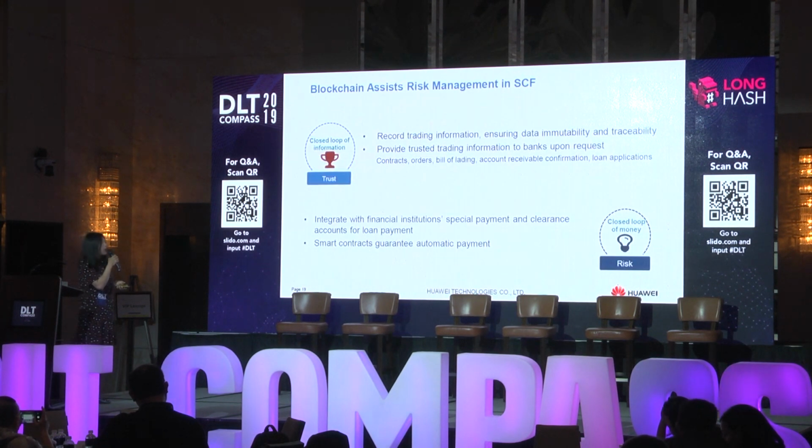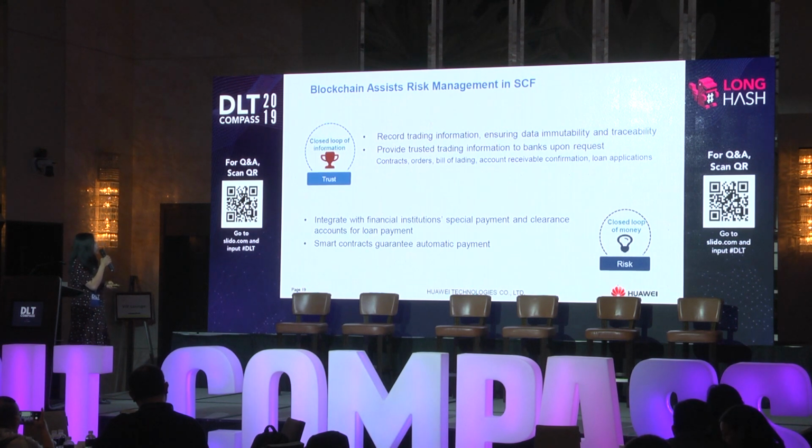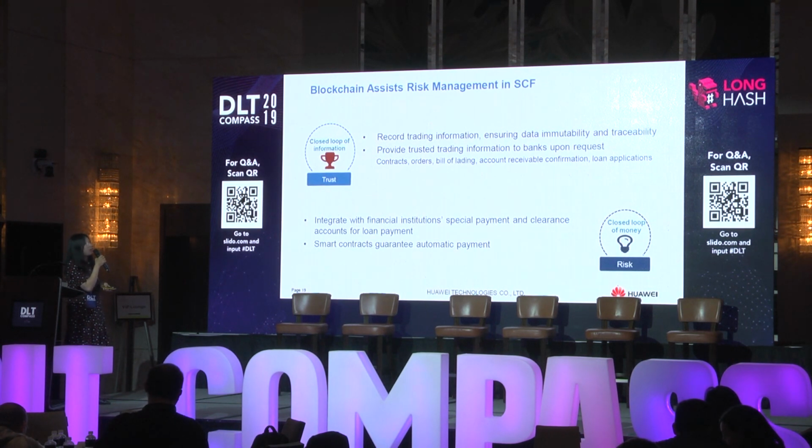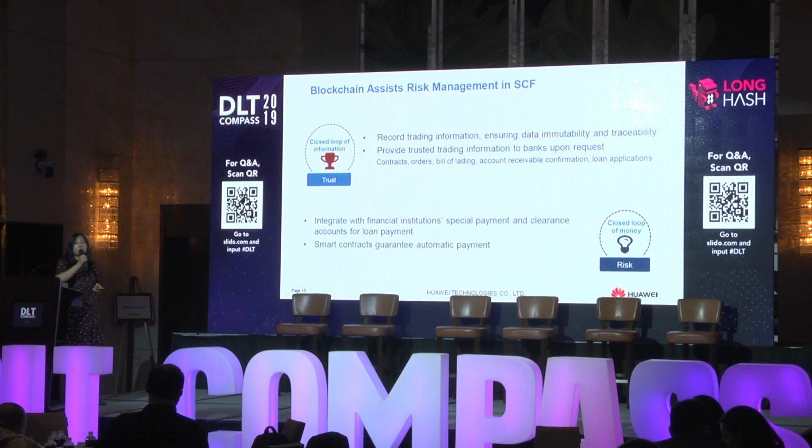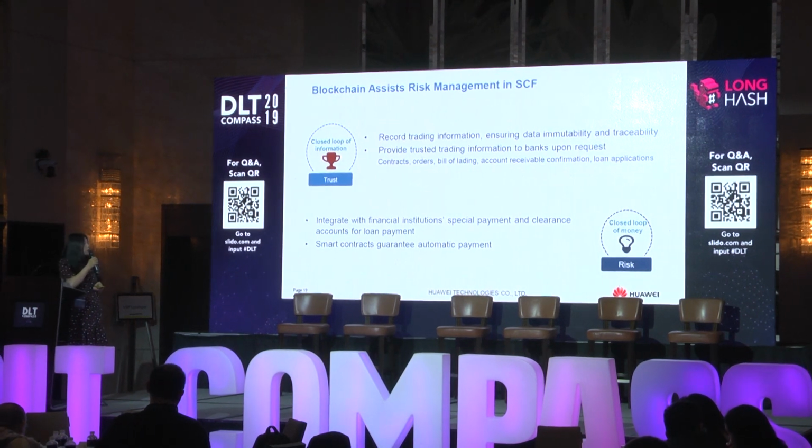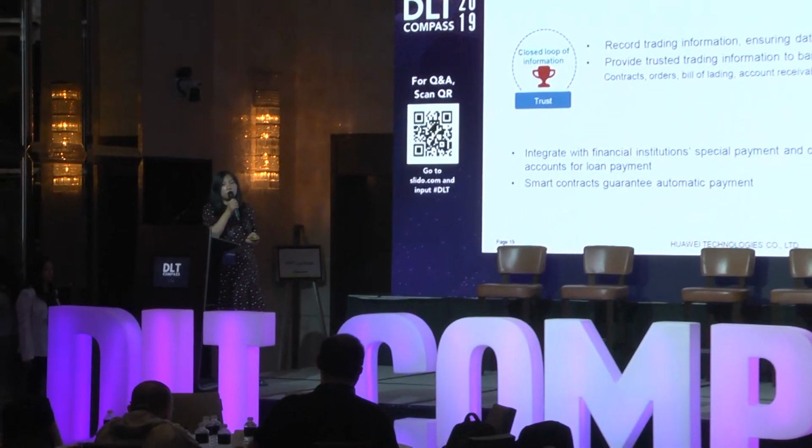So this is the last page. By this way, we can improve trust and reduce the risk. We record the trading information, bill information, and delivery information into our trade blockchain to ensure data immutability and traceability. And also for the smart contract, we set up some conditions to automatically trigger, so that if you meet the condition, the payment is automatically enabled.